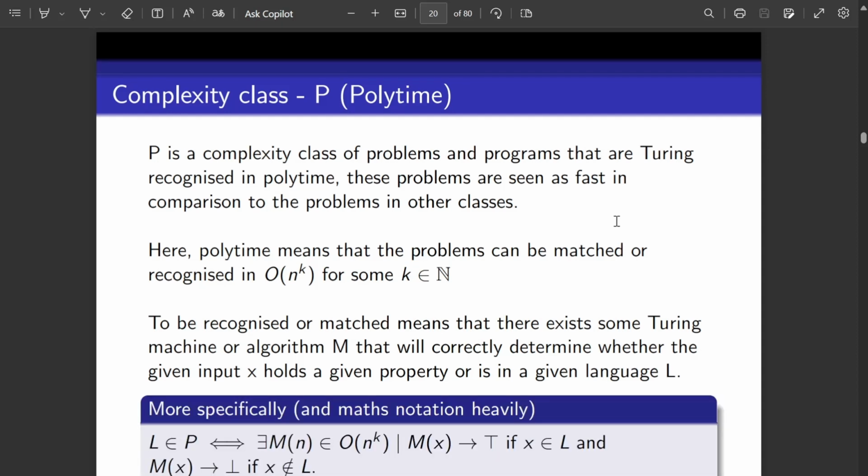So in a more maths notation heavy way, L is in P if and only if there exists a machine M that takes an input of size n and runs in O of n to the k, such that M of X maps to true if X is in L, and M of X maps to false if X isn't in L. So you can see that the machine M recognizes what is and isn't in the language.